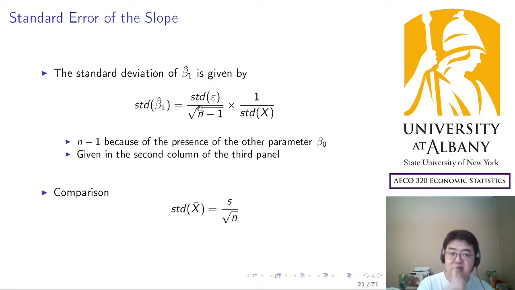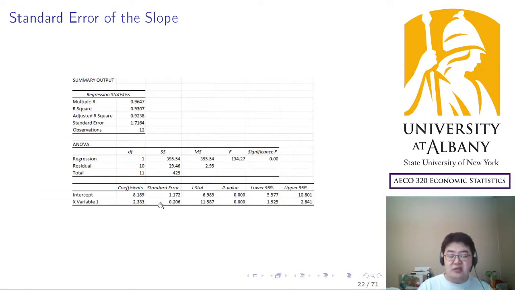The amount of noise and the sample size are important components, comparable to the standard error of the sample mean, right? Sample size and the noise in the data. That is given in this column. Standard error is calculated for each estimator. So 1.17 is the standard error of the intercept estimator, and 0.206 is the standard error of the slope.